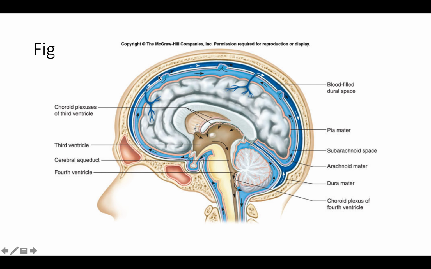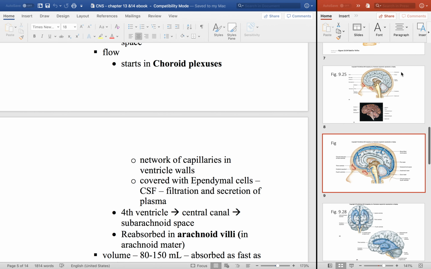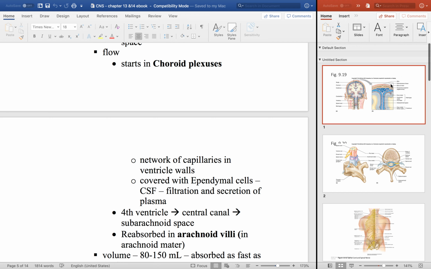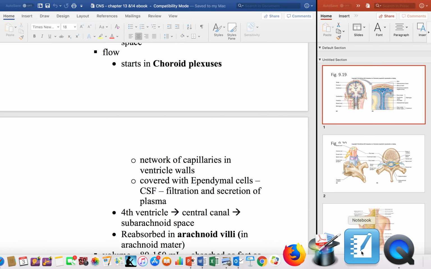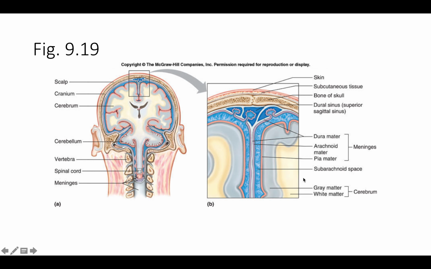And these right here are the arachnoid villi. If I go back and I look at the very first PowerPoint slide, it has a better picture of the arachnoid villi.